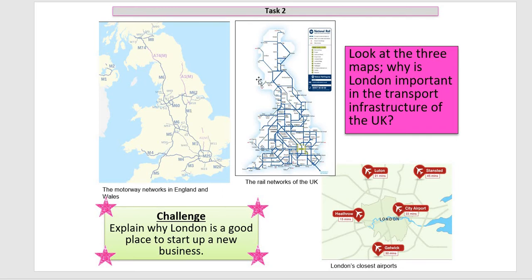Okay, so this shows you the rail network in the UK, and obviously in London itself there is the underground rail network and also a very extensive overground network.